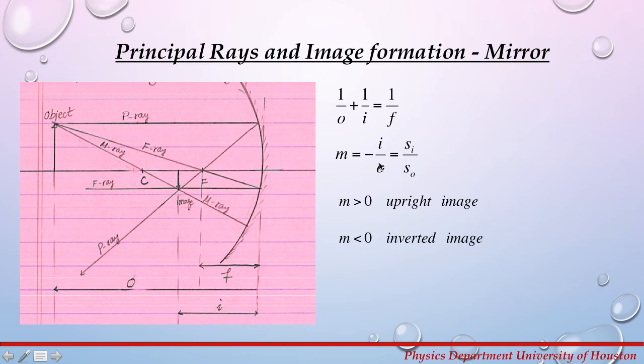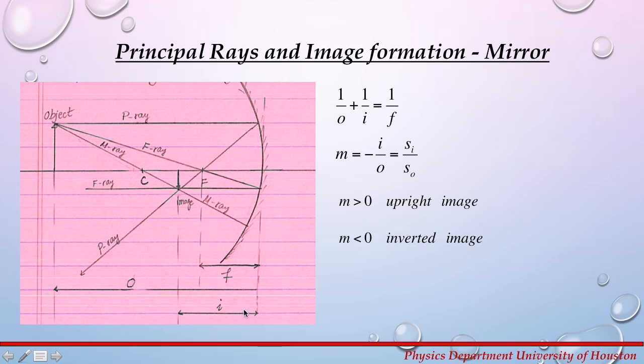It's negative I over O, and it's equal to the size of the image divided by the size of the object, where here the size of the image is negative because the image is inverted. So if the magnification for this mirror is greater than 0, then you're going to have an upright image. And if the magnification is less than 0, then you're going to have an inverted image.